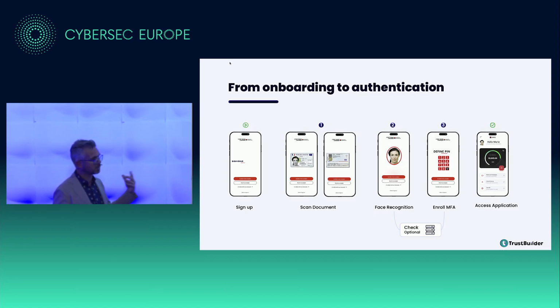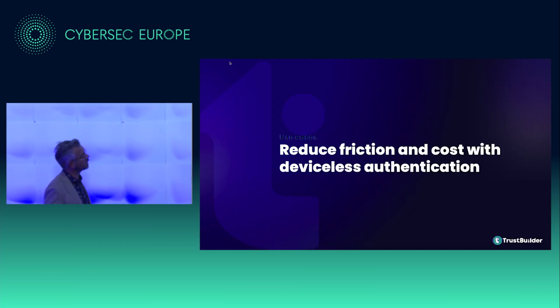Next time that he wants to access the application, he just opens the application and uses his Face ID, and in the backend the whole MFA process happens automatically, and you get access to the application itself. This is the mobile solution, and we have identically the same flow for a web-only application. You can start mixing and matching both of them, meaning that you can give the same user experience for all your applications.